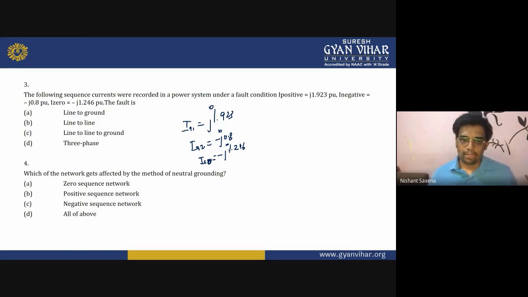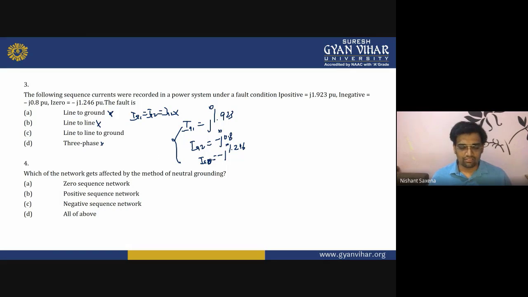So obviously in this the fault currents are there, and the ground fault will be existing. So how to solve this? You can directly see that line to line fault cannot be the option. Now, can it be a line to ground fault? No, we cannot have that, because in that case all the sequence currents are equal, which is not the case here. So this is not an option.